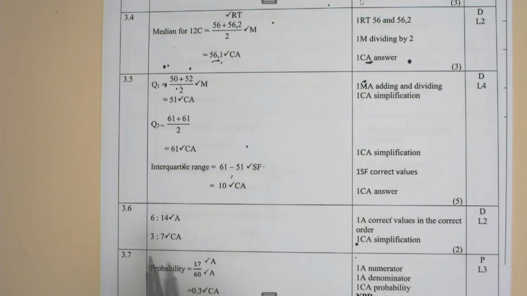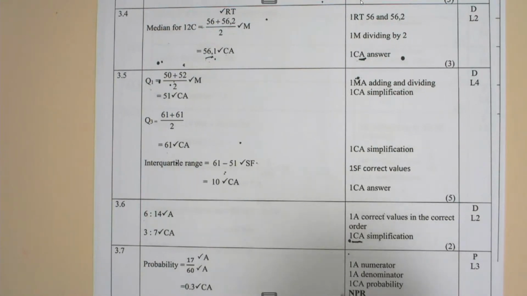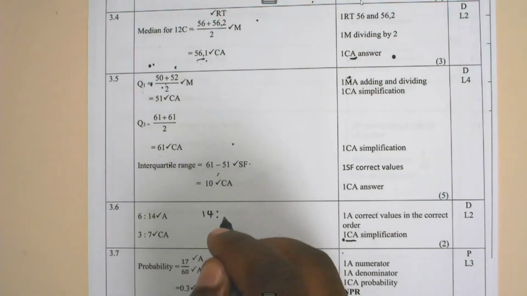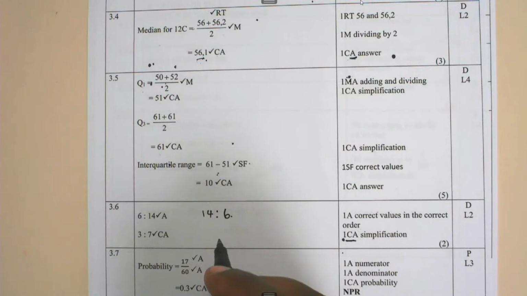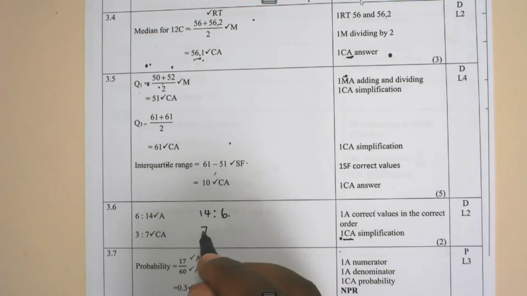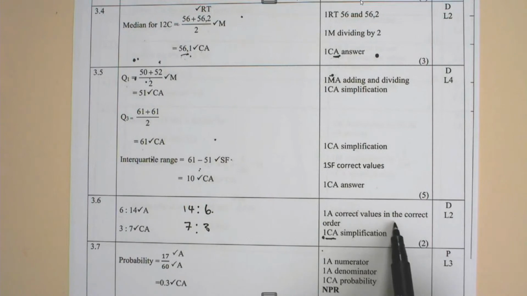And then another mark will be given for the simplification. Right, if the learner writes 14:6 and the learner writes 7:3, the learner will forfeit 1 mark for correct values in the correct order.